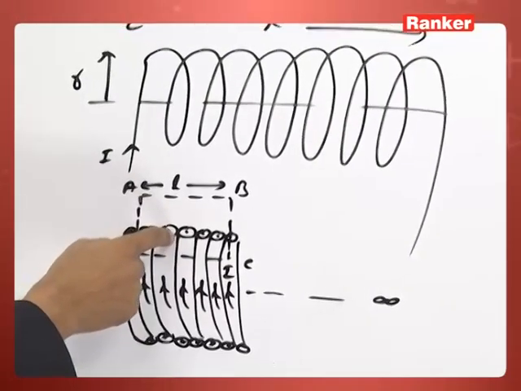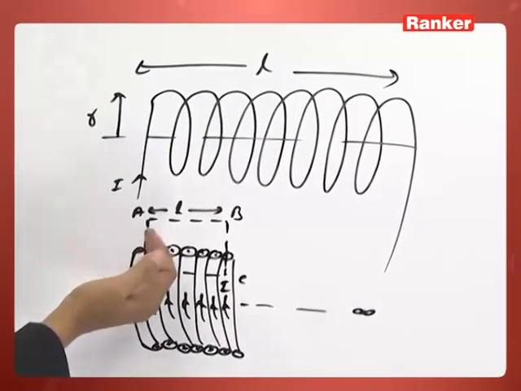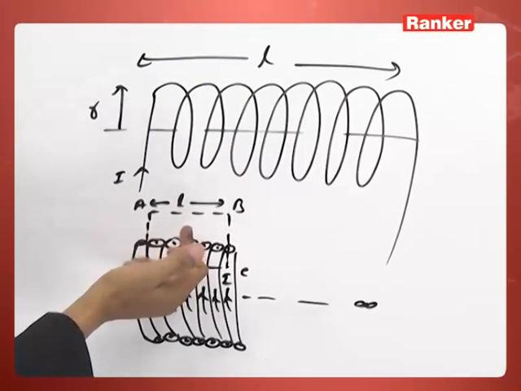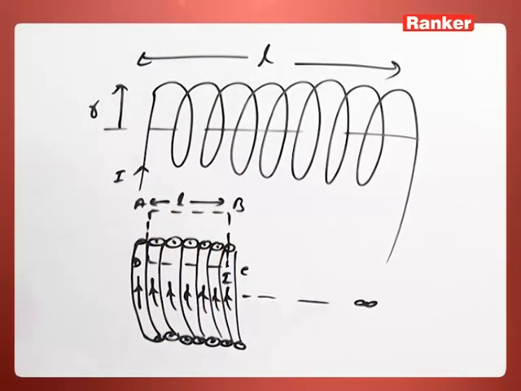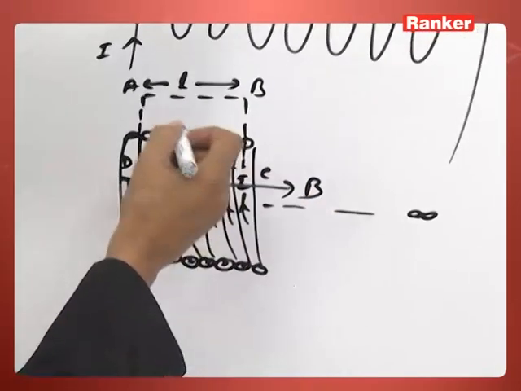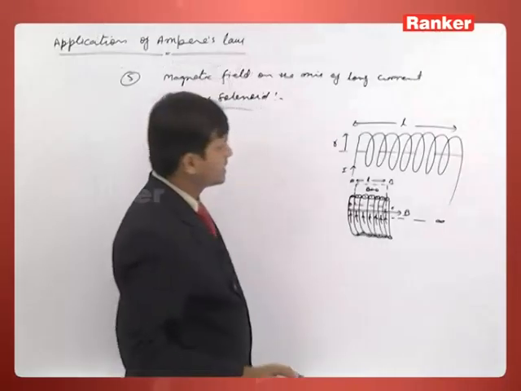If I am looking, see the dot, upward current here, the magnetic field lines look like this. So the magnetic field direction is here like this, but outside the field is 0.